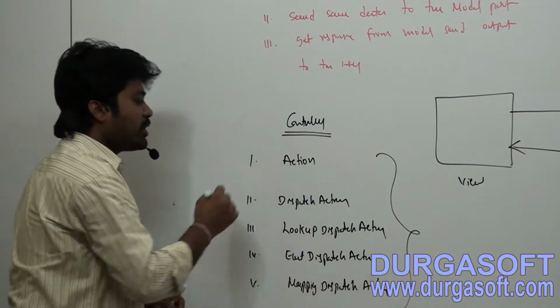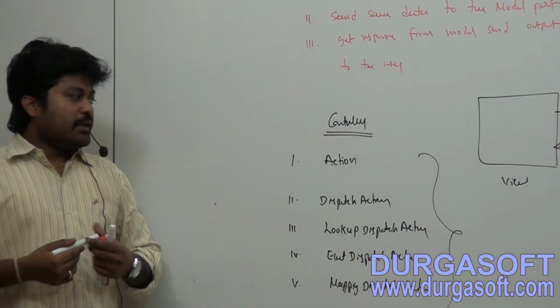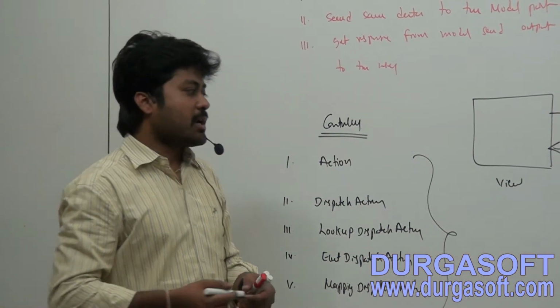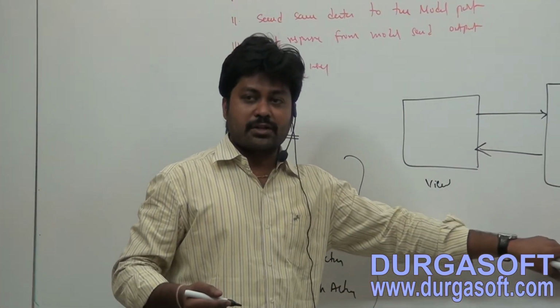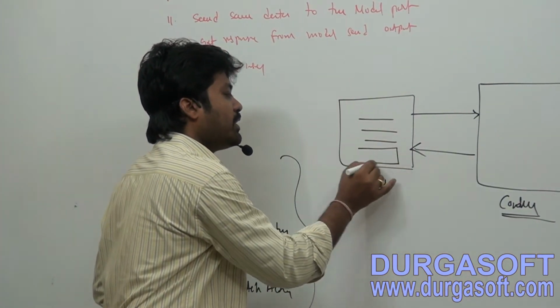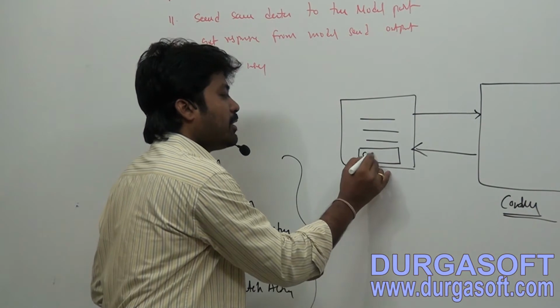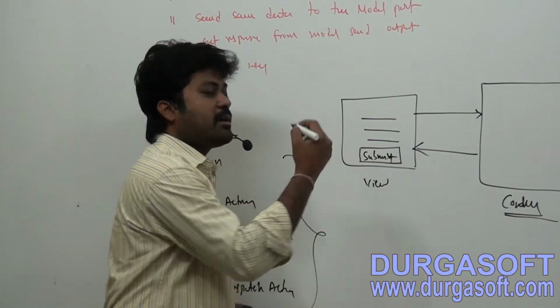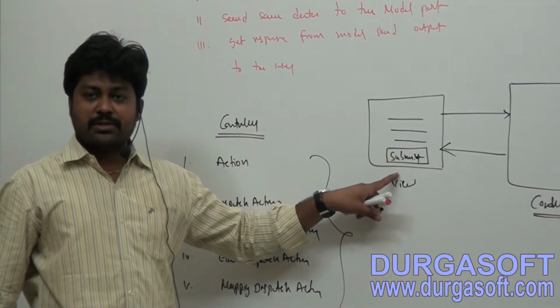So which action class do we need to use in which use case? If it is the Action class, we use it under the controller part if your view has only one single submit button.